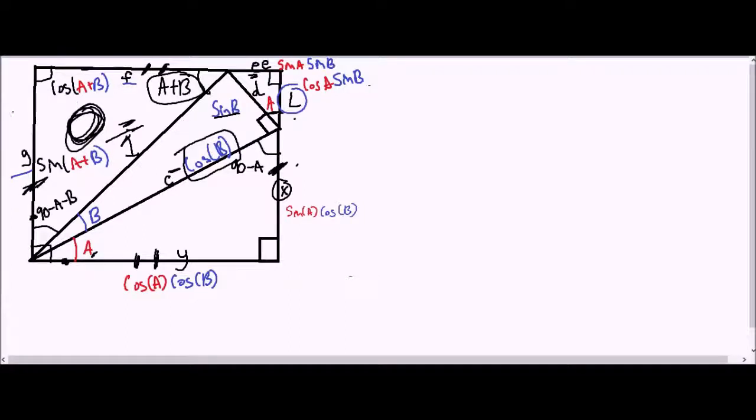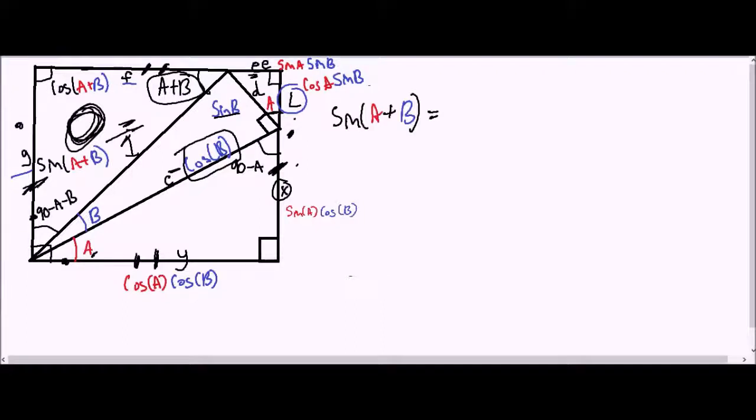So let's first look at the vertical columns, these two over here. On this side, we have one side length, which is G, and G was sine of A plus B. And what was that equal to? Well, let's look to the parallel side.